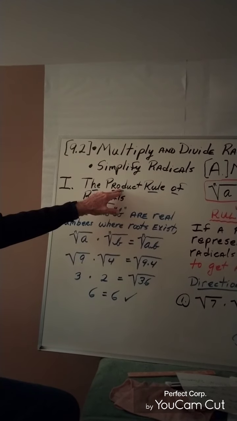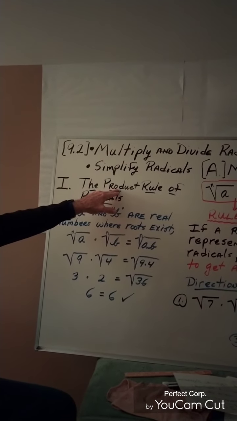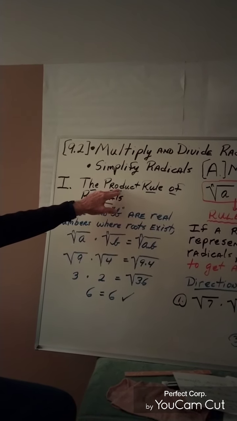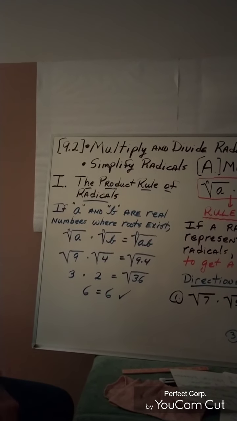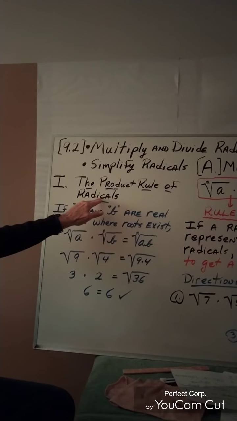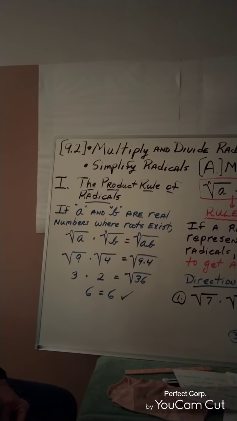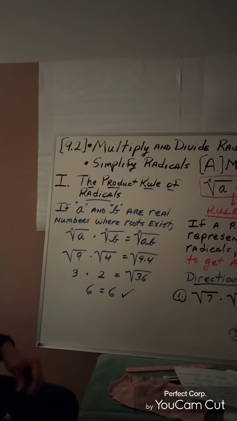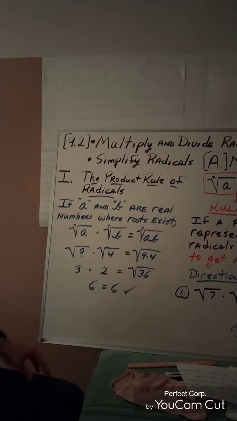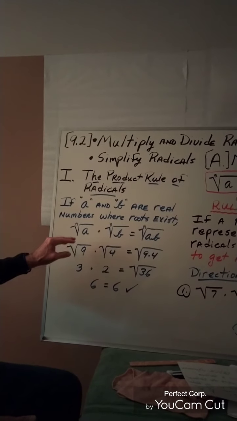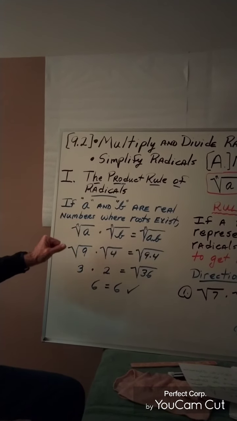Product not only indicates a possible answer to a multiplication problem, but it also just simply indicates multiplication. So the product rule of radicals has everything to do with multiplication. And here's the rule, and we will prove it so that you see that it'll be a true statement.